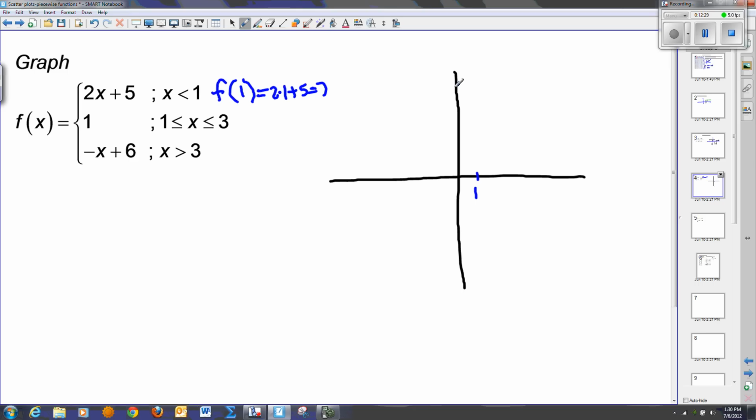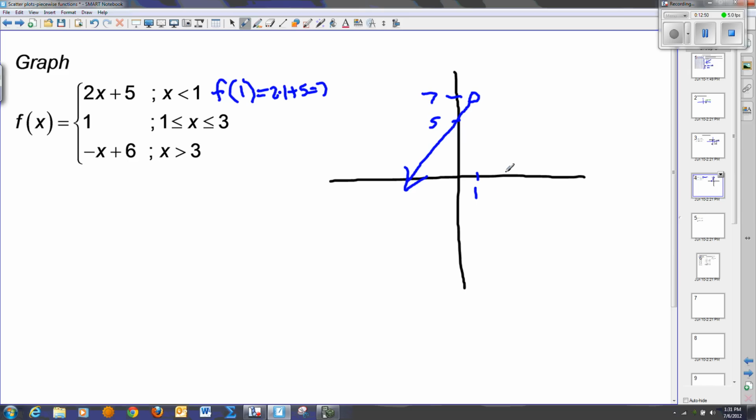So at 1, I get a value of 7. However, I do have one issue. Since x is less than 1, I have to open circle this point. Now I also know this has a y-intercept, like I said before, of 5. So I can basically use those 2 points to make my line.